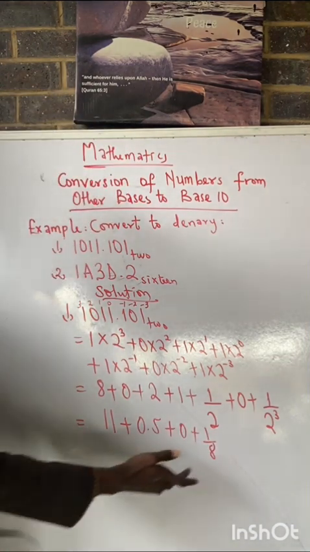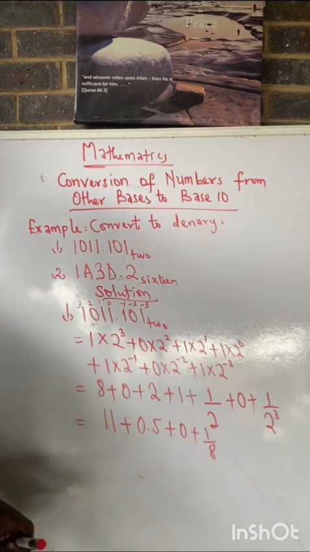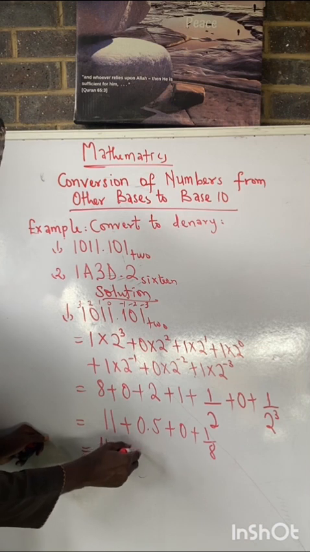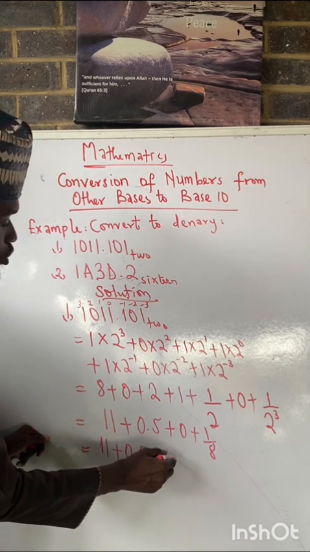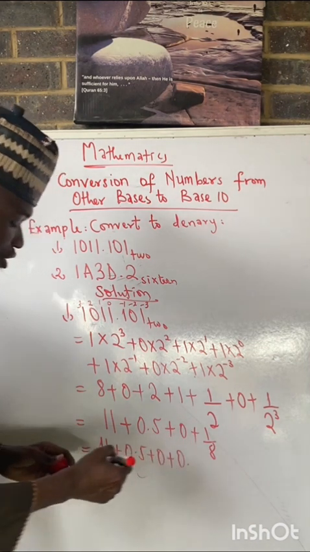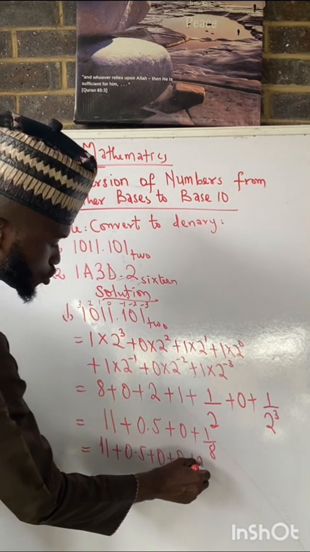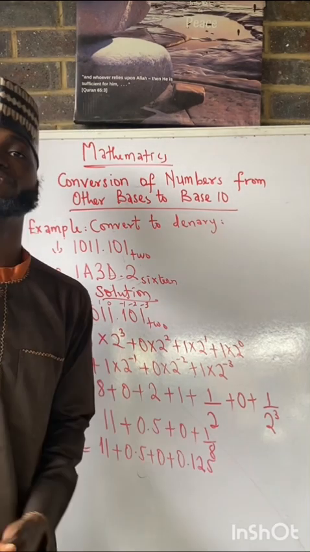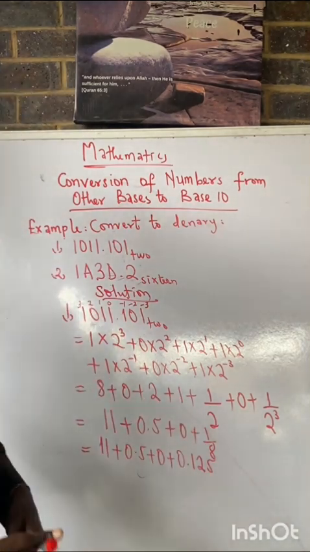We still have to convert this to decimal. So this gives us 11 plus 0.5 plus 0 plus 0.125. We now add everything together, and that will be the final answer.